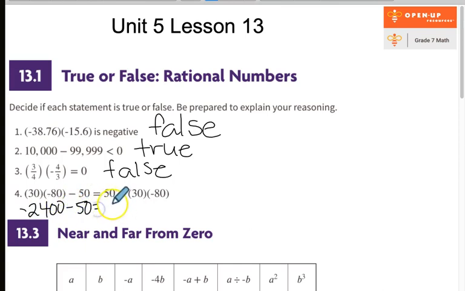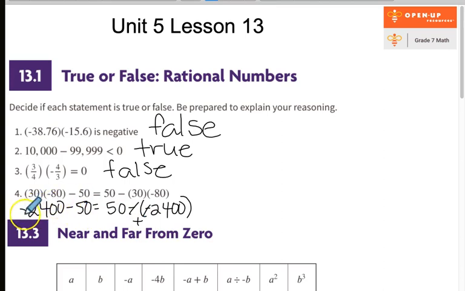And the last one, 30 times negative 80, well, that would give us negative 2,400 minus 50 equals 50 minus 30 times 80. Positive times a negative is a negative 2,400, which these two become a plus sign. They both cancel out and become a plus.